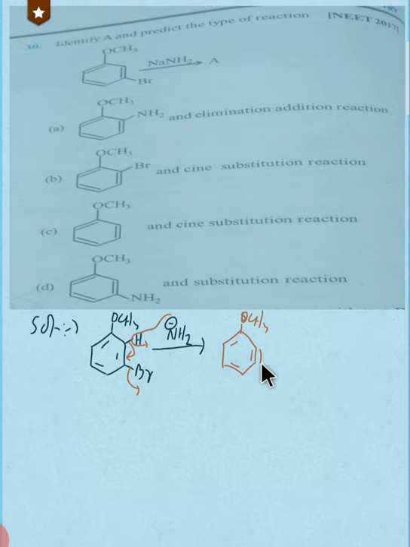Now this benzyne intermediate, NH2 minus is added, and H plus will be added.